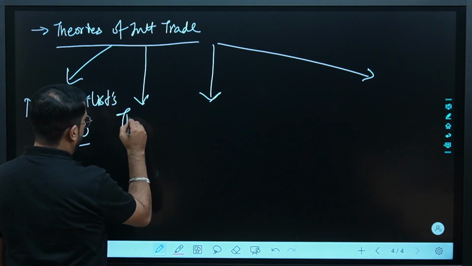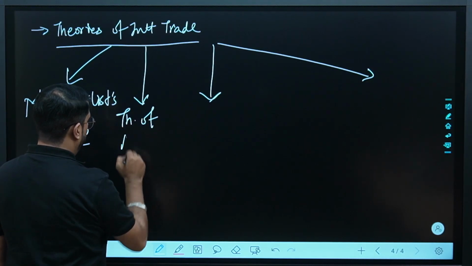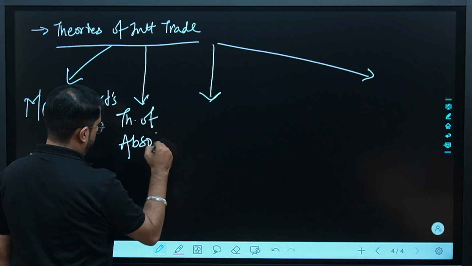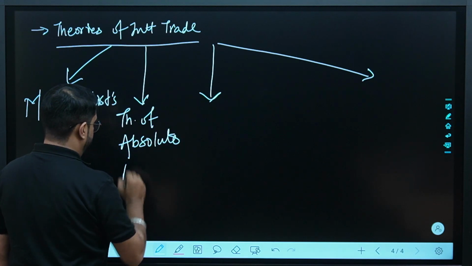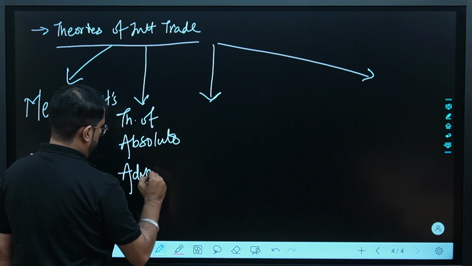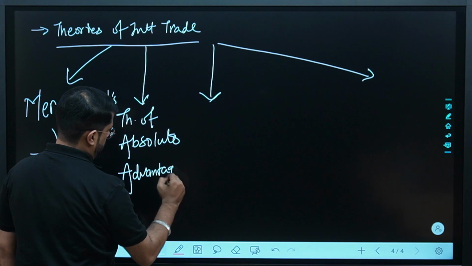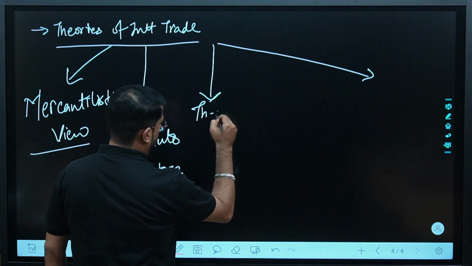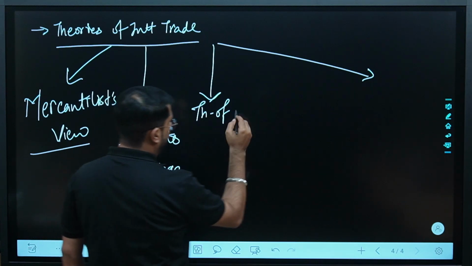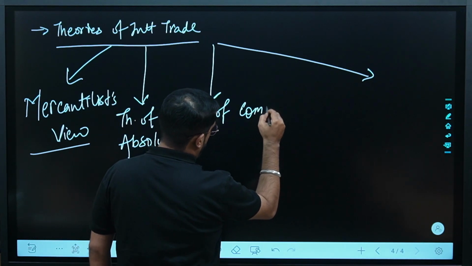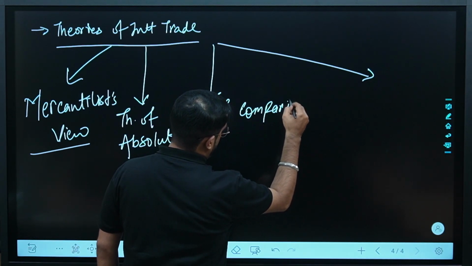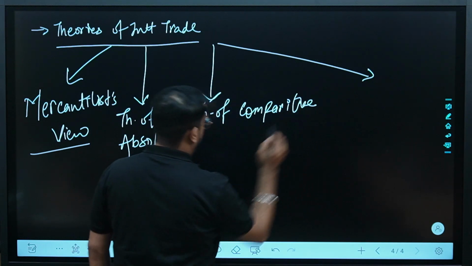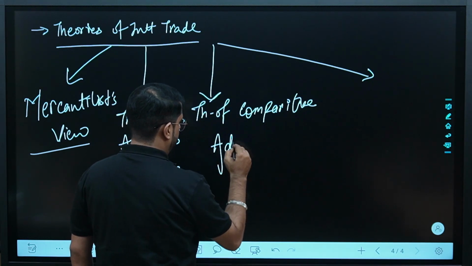Second is theory of absolute advantage. Next, theory of comparative advantage.